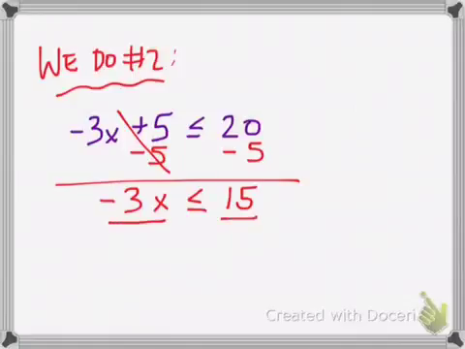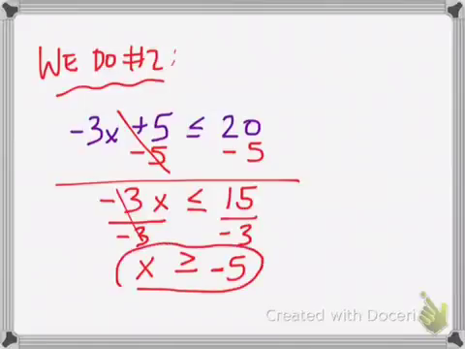And then I divide both sides by negative 3. And I get x is, since I divided by a negative coefficient, I flip my symbol. So now x is greater than or equal to negative 5, because 15 divided by negative 3, positive divided by negative is negative, so negative 5. And then I have to graph my solution.